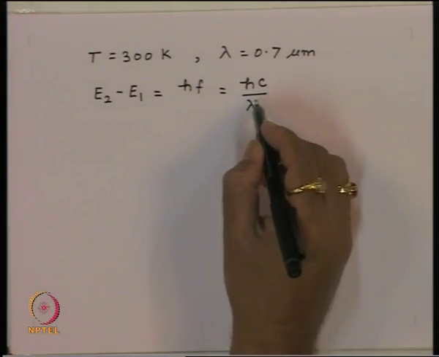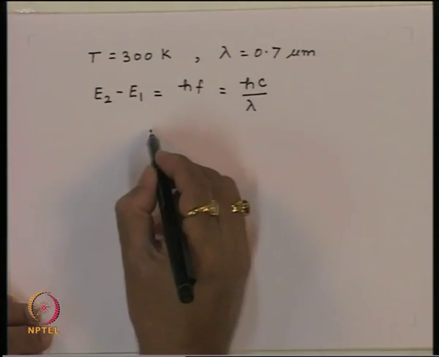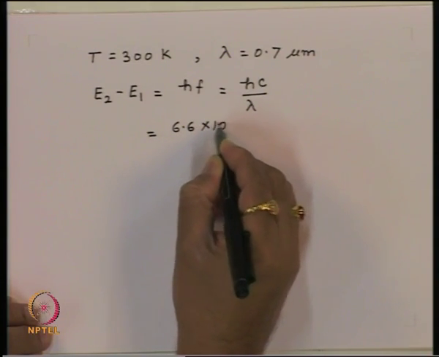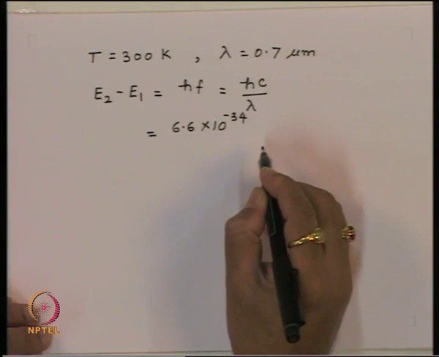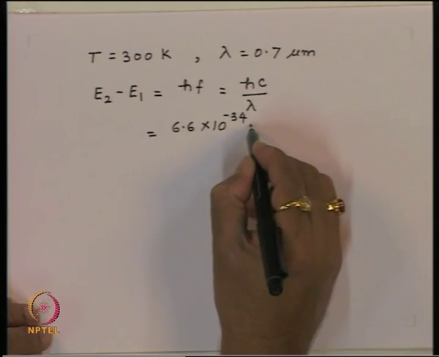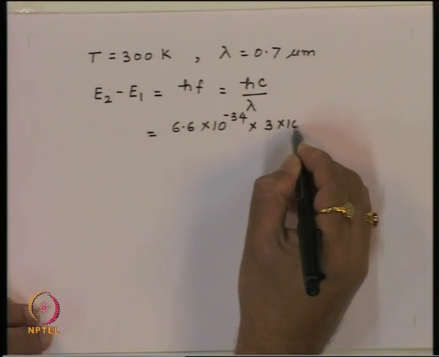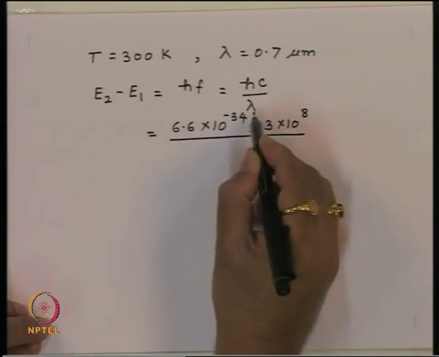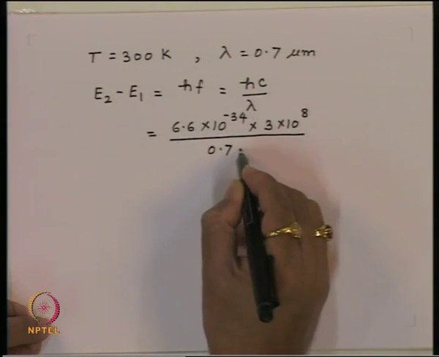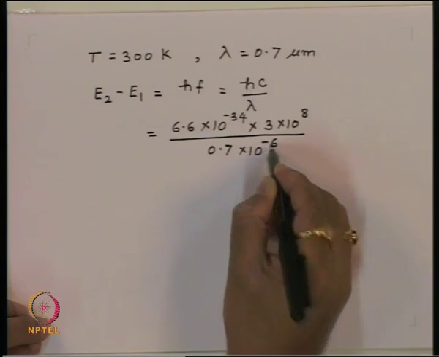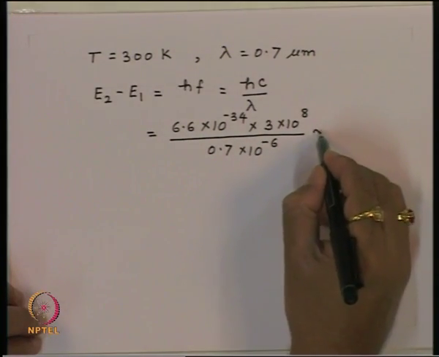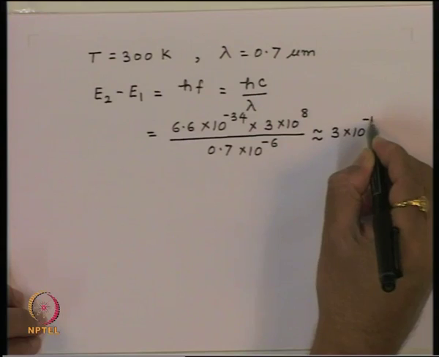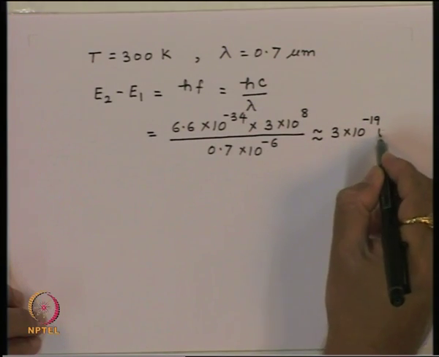I can substitute the values here. For h, which is 6.6 into 10 to the power minus 34, into the velocity of light, which is 3 into 10 to the power 8, divided by the wavelength lambda, which is 0.7 into 10 to the power minus 6, approximately this number would be 3 into 10 to the power minus 19 watt seconds.